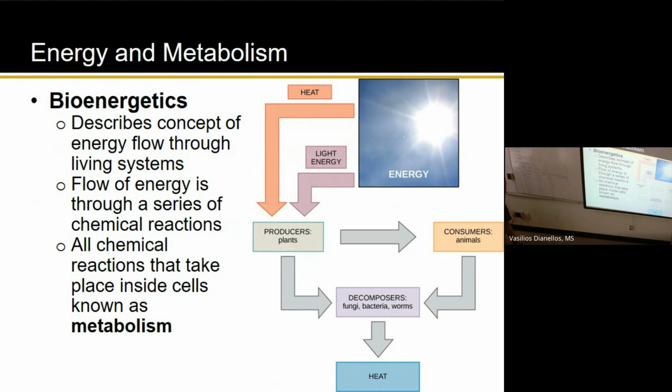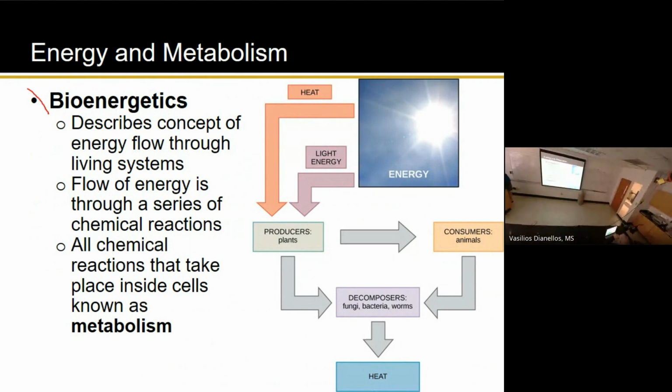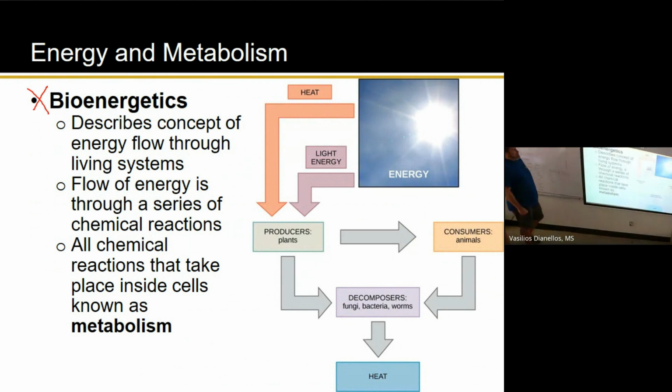All right, the first word, not attendance, but the first word from your textbook in this chapter, is bioenergetics. And I'm not going to ask you to define it. Let's talk about it anyway, because this is basically what we're going to be talking a lot about. Bioenergetics describes the concepts of energy flow through living systems. And I made this analogy before, way back in chapter 1, when we said the ability to transform energy from one form to another is a property of life.